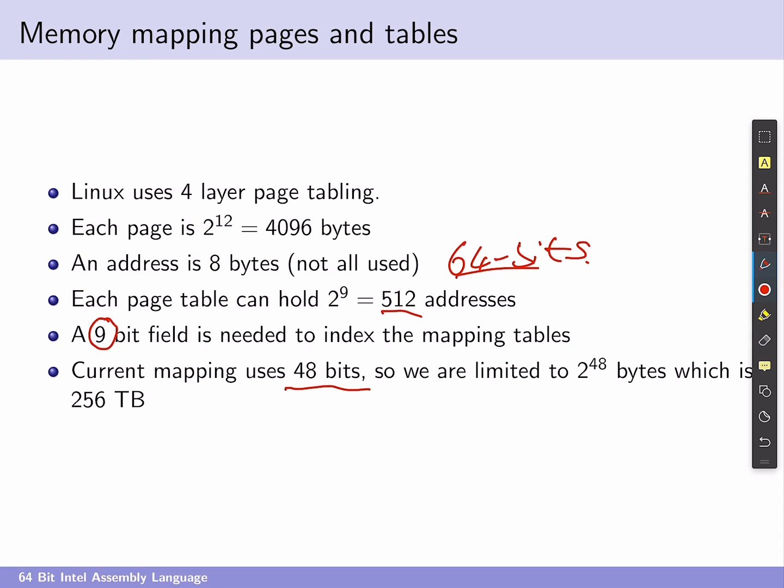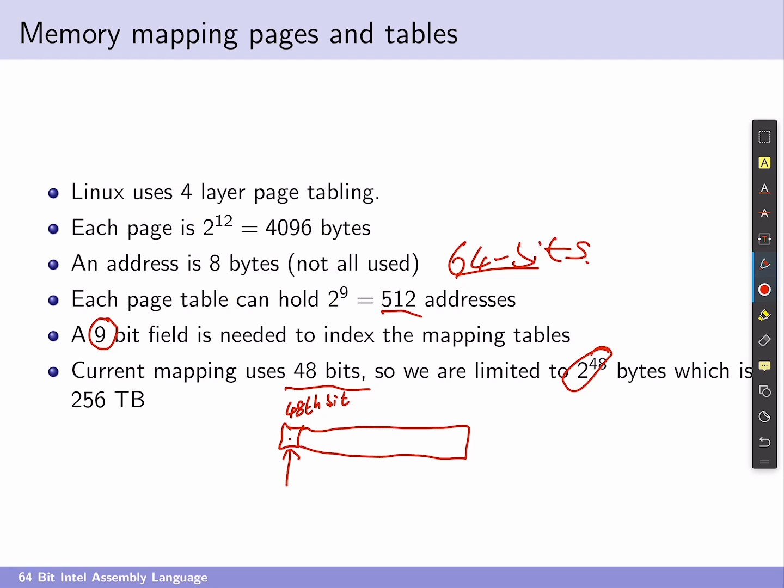But something you'll immediately note here is that 2 to the 48 is actually 256 terabytes. But earlier we said that the Linux process model is only 128 terabytes. So why is there a disparity? Well, it's because of the higher order bit. If I've got my whole sequence of 48 bits, the bit at location 47 is utilized to indicate whether we're going to be working with a normal page or a kernel page.